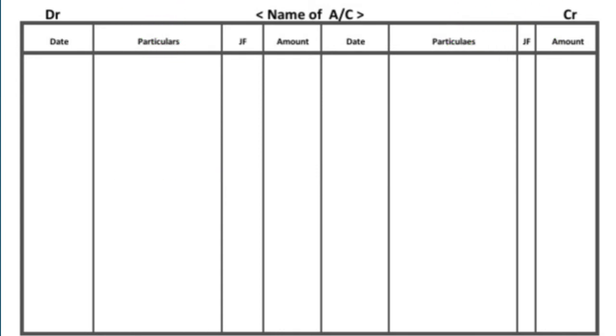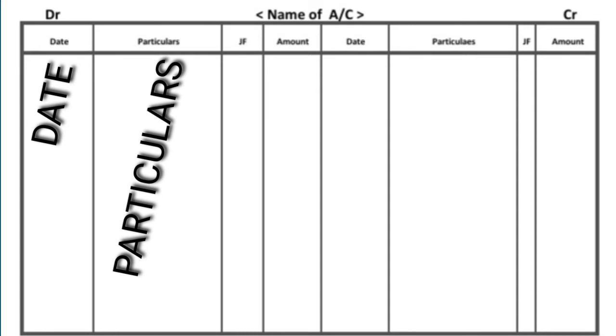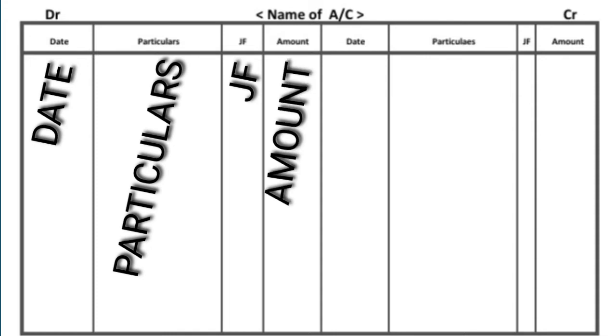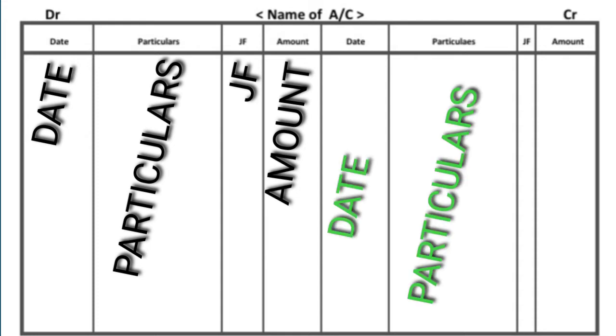In the form, the first column is the date column, the second is the particulars column, the third is the JF column, the journal folio number column, and the fourth is the amount column. The same applies to the right side: date, particulars, JF and amount.